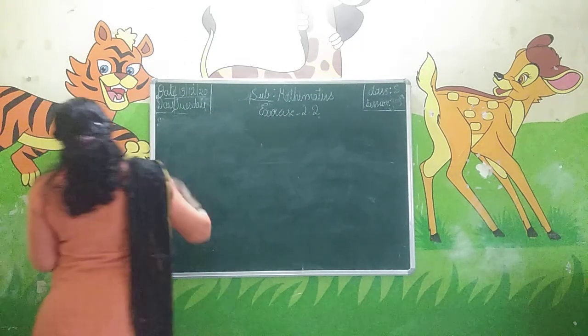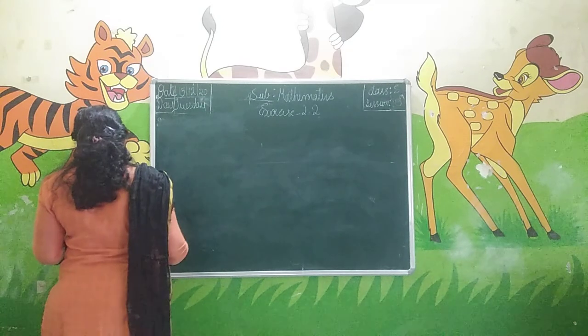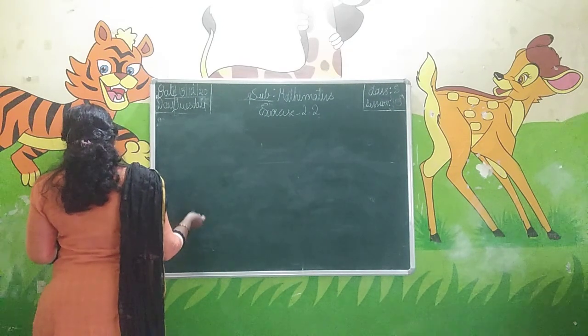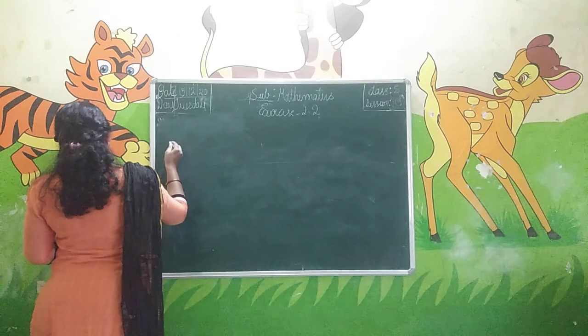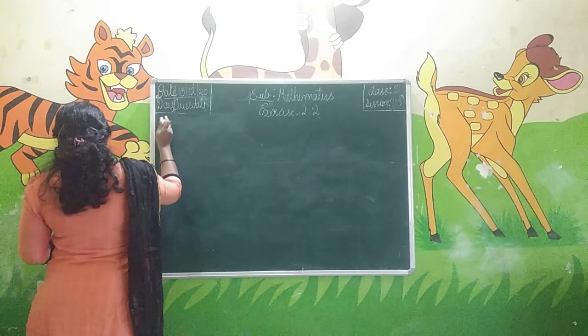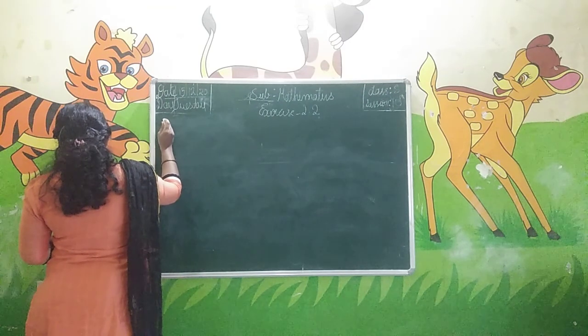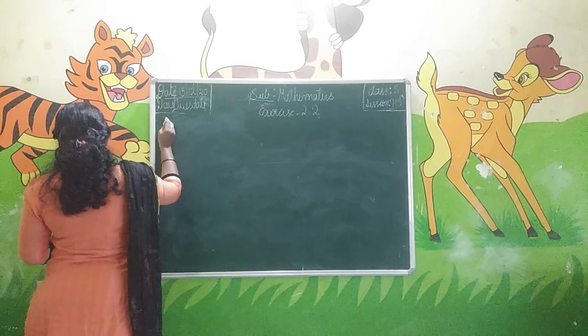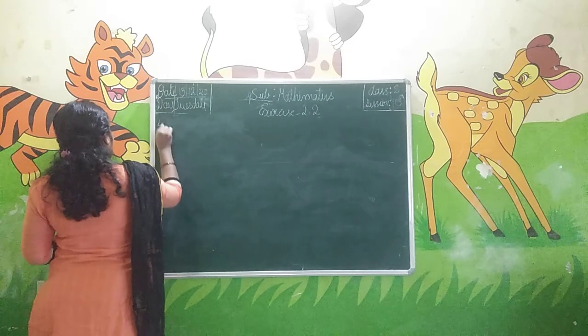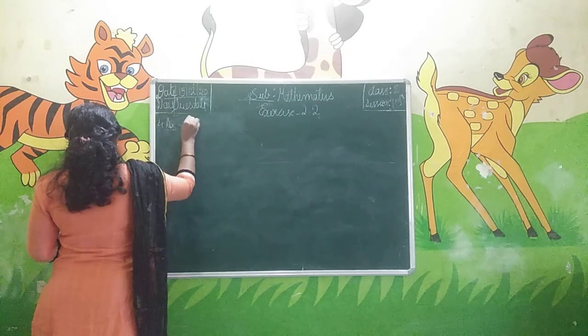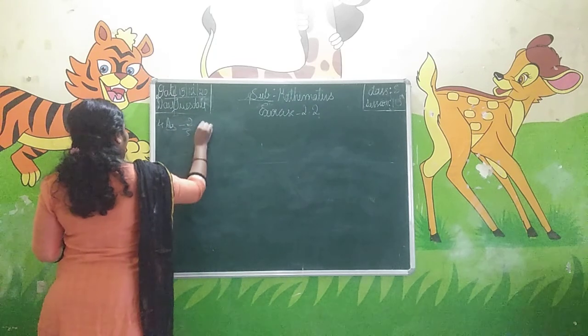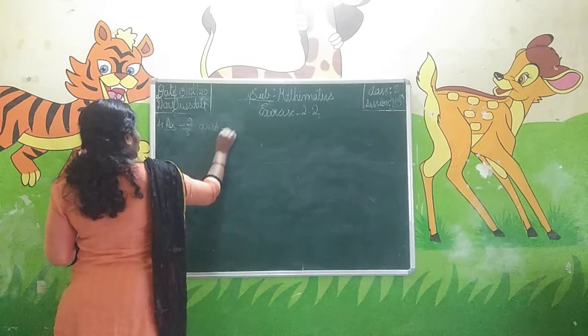We have to find 10 rational numbers between minus 2 by 5 and 1 by 2.